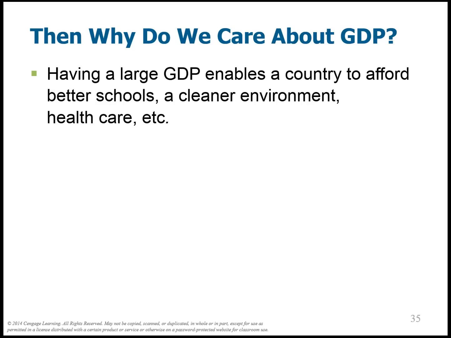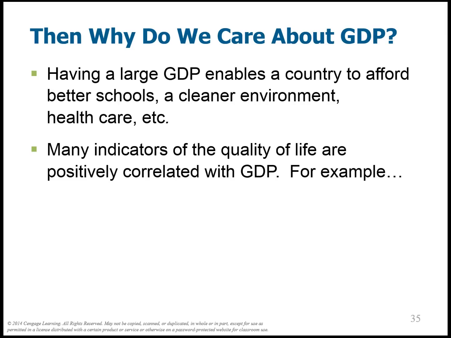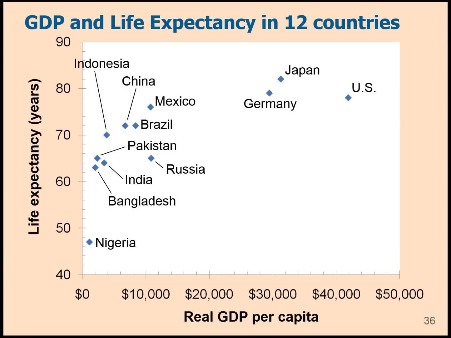Okay, so why do we care about GDP? Well, first of all, remember GDP is income, so if the country has a higher GDP, they can afford things like better school, cleaner environment, healthcare. Additionally, many indicators of well-being are positively correlated with GDP. Let me give you a couple examples, right?